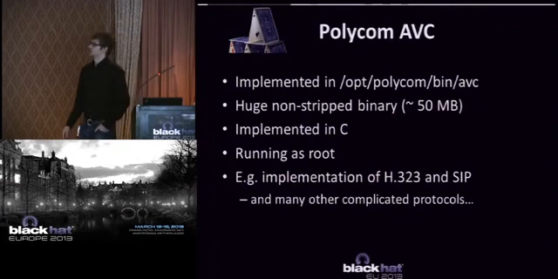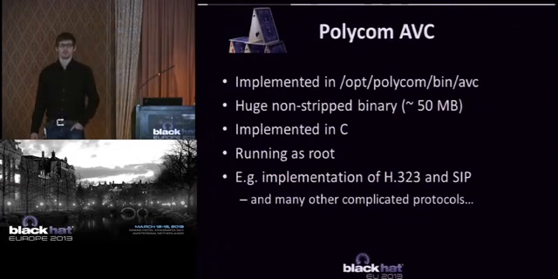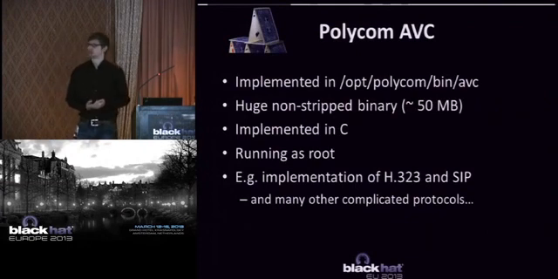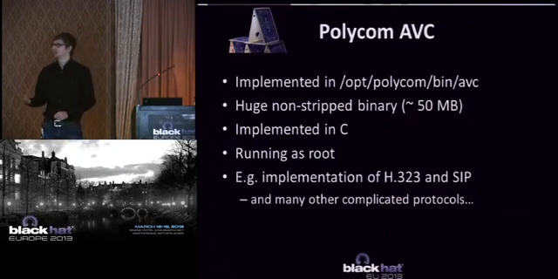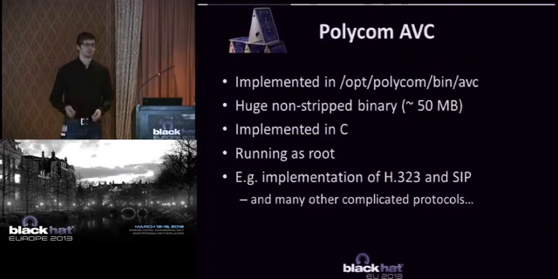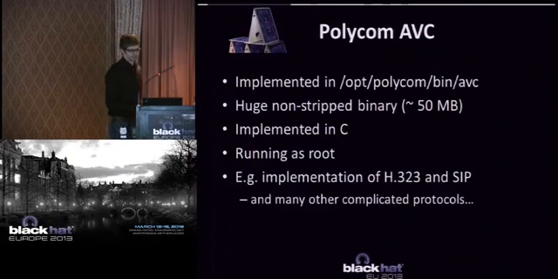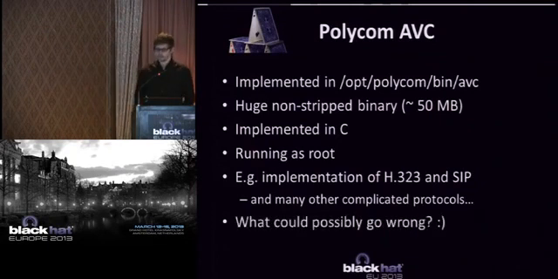So the next process, the Polycom AVC process, is an interesting one. It's implemented in the AVC binary, which is a really huge non-stripped binary. So it comes with all the symbols. And it's completely implemented in C. It's running as root. And it implements all the low-level details regarding the signaling protocols and many other important and complicated protocols. So what could possibly go wrong, right?